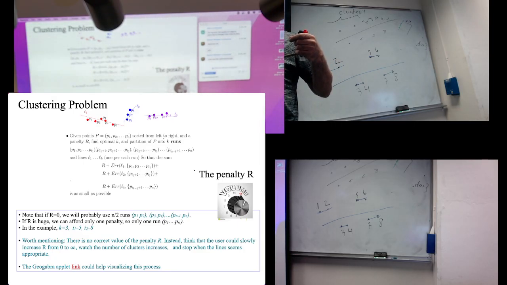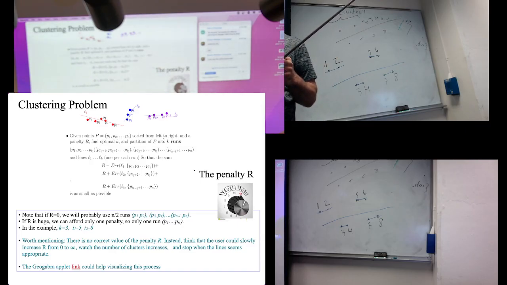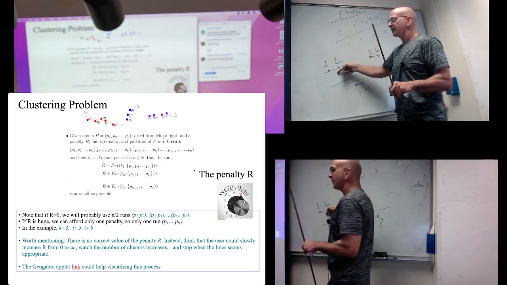Well, in this problem, the user will have a tune-up parameter, a volume knob, that will allow the user to control the number of clusters. But to control the number of clusters, I'll tell the user something smarter. You don't really want to guess the number of clusters ahead of time. Instead, think about this as a process for which every new cluster has a penalty.